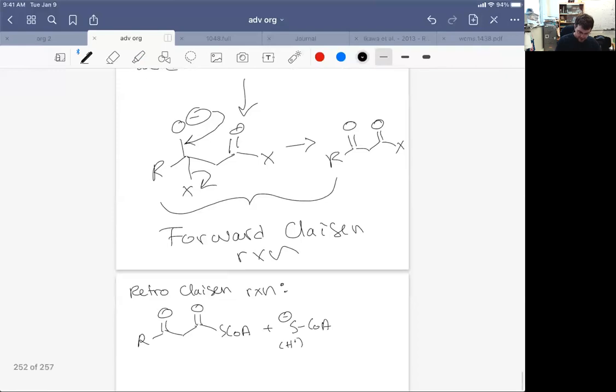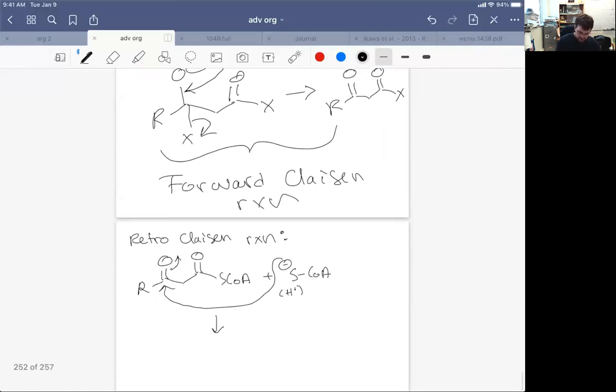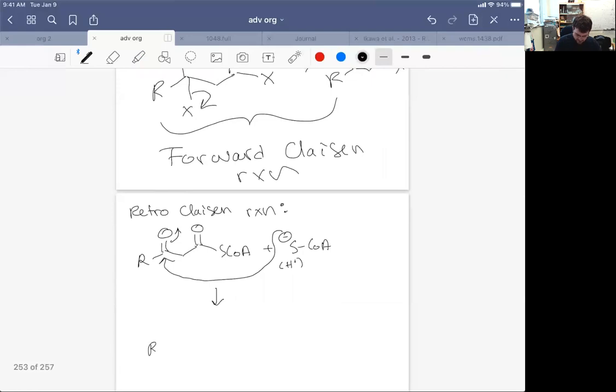Well, now what that can do is come up, come down, come up and add here. That's going to give an interesting tetrahedral intermediate. So the tetrahedral intermediate is from the sulfur adding to the beta position.